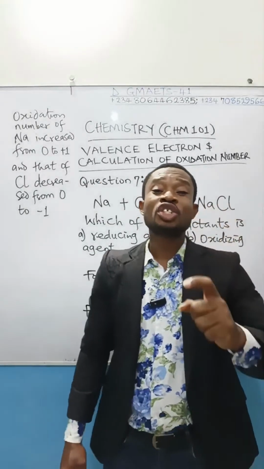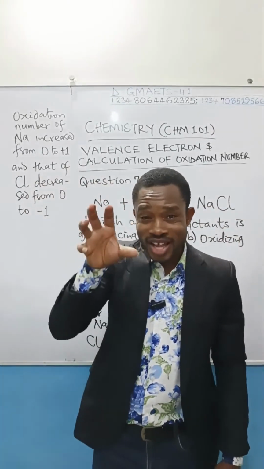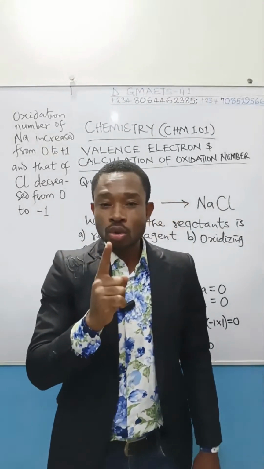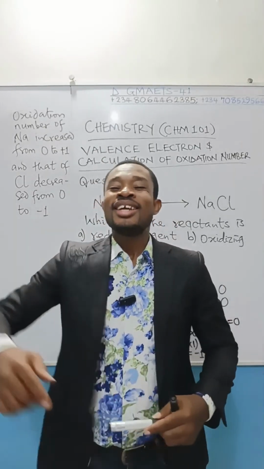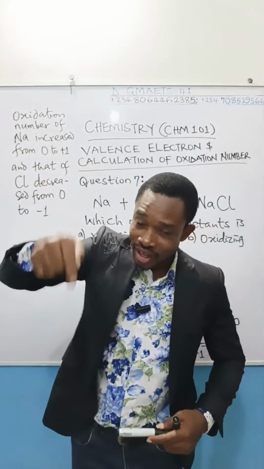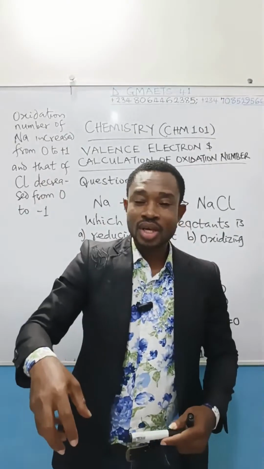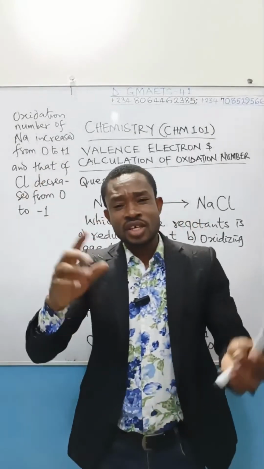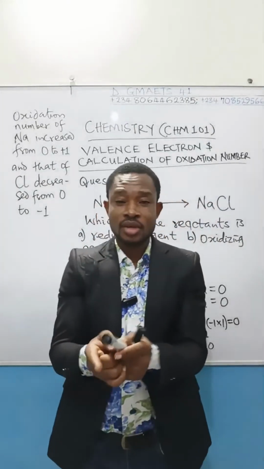When the oxidation number of a substance reduces, that substance is undergoing what is called reduction. And like I told you, if any substance undergoes reduction, that substance itself that was reduced will become the oxidizing agent. You see, this concept is a bit confusing if someone is not careful to understand it. Now look at me.